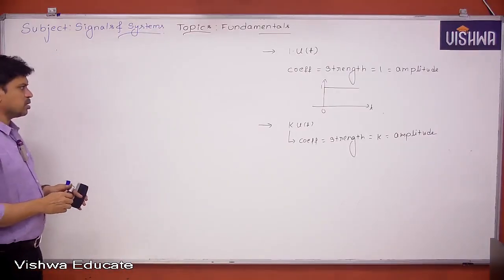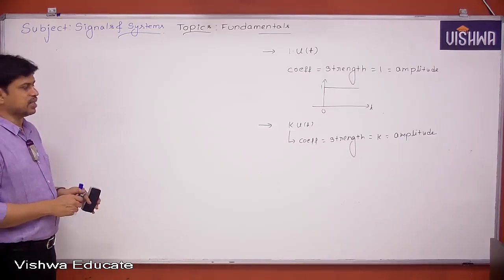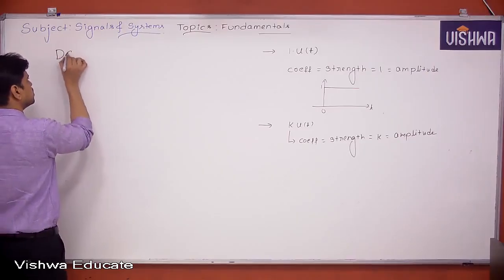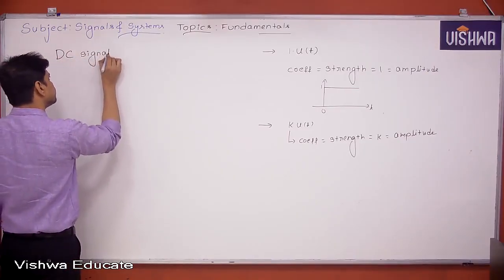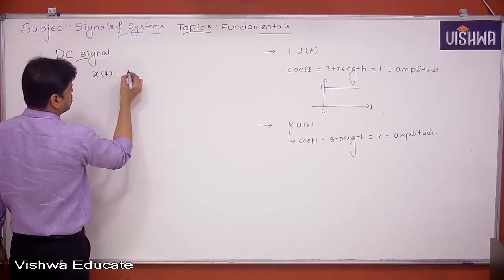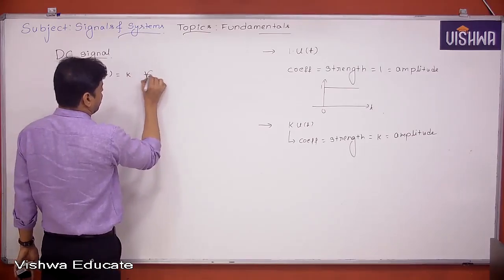So many people confuse the step function with the DC signal. So let's see what a DC signal is. Suppose you take x of t is equal to, let's say, k for all values of time.